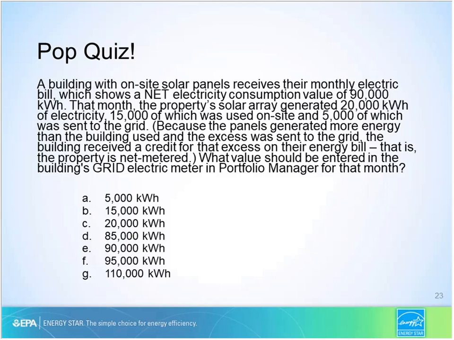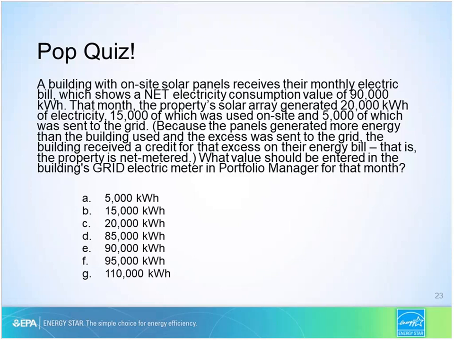Because the panels generated more energy than the building used and the excess was sent to the grid, that building received a credit for that excess on their energy bill. That is, the property is net metered. What values should be entered in the building's grid electric meter in Portfolio Manager for that month, with emphasis on the grid electric meter?